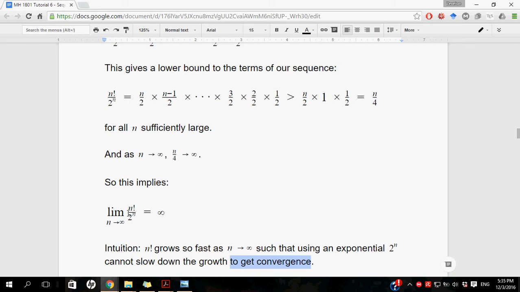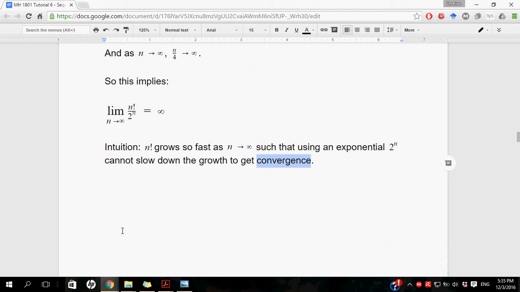The growth of n factorial is so great that not even an exponential function can allow us to get a sequence that would converge. That is what this formula tells us, roughly speaking. This gives us the solution to question 4.